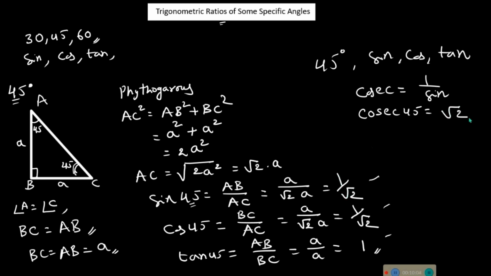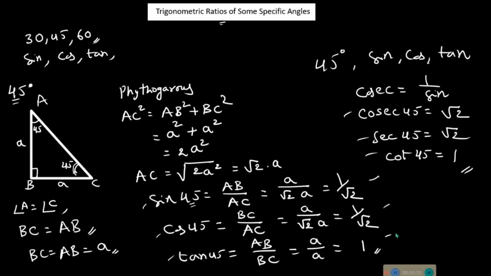You get root 2, okay. Similarly, secant 45 becomes 1 by cos 45, which also becomes root 2. What about cot 45? 1 by tan, right? That also becomes 1. Okay. So now we have derived the ratios for all the trigonometry ratios: sine, cos, tan, cosecant, secant, cot.